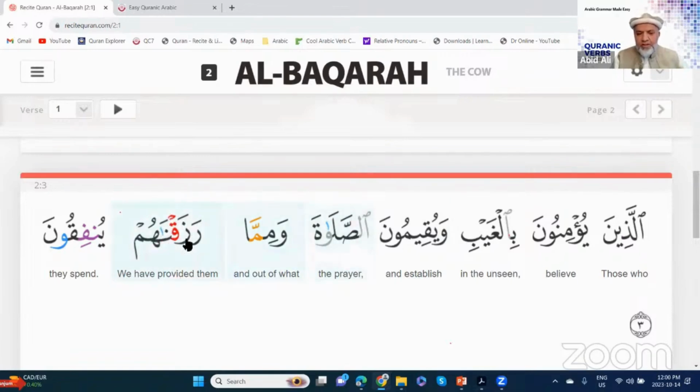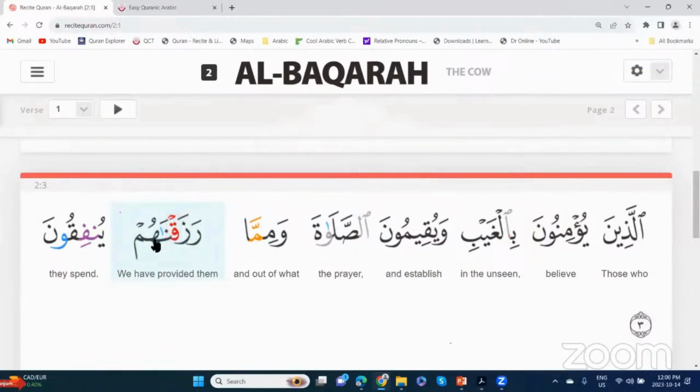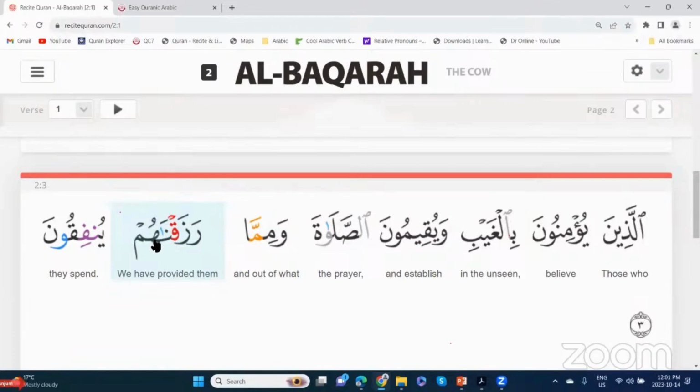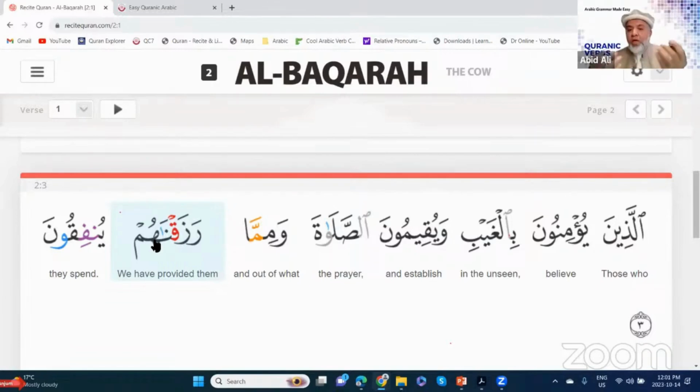Now look at this example. Razaqnahum. Is this from our current lecture? Do we have the verb, the fa'il, and the maf'ul in here? Yes. Is this hum the attached pronoun? Yes. What is razaka? Razaka is he provided. Razaqna, we provided. Now we provided whom?